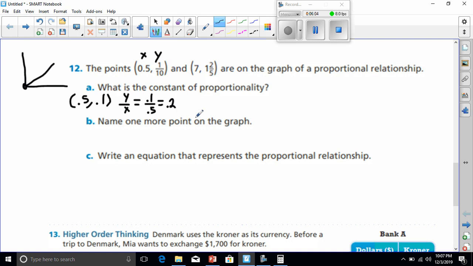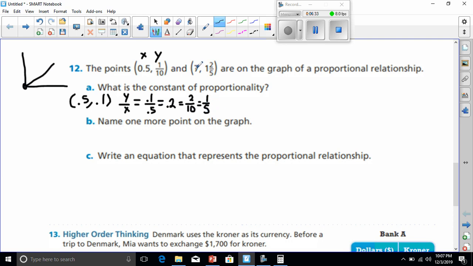If we were to go ahead and put this as a fraction, we remember that any decimal number, we can go ahead and put a line under it and put a 0 with the 1 in front, and that would make this equivalent to 2 over 10, which equals 1 over 5.